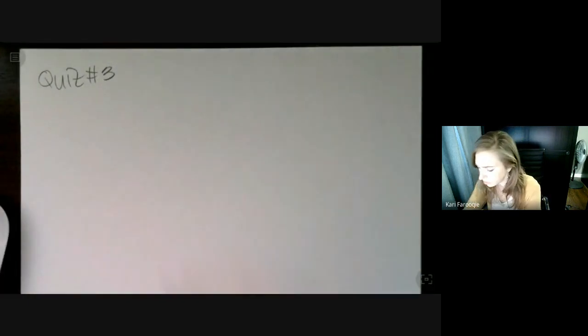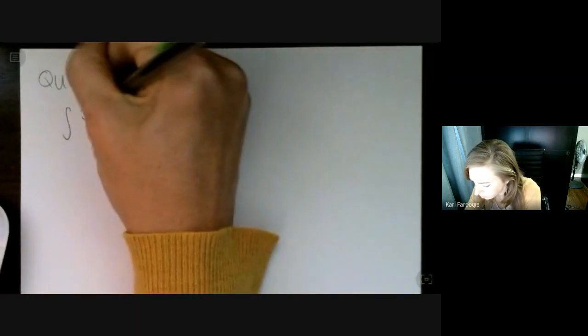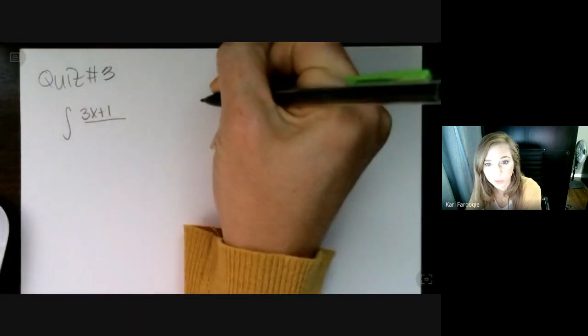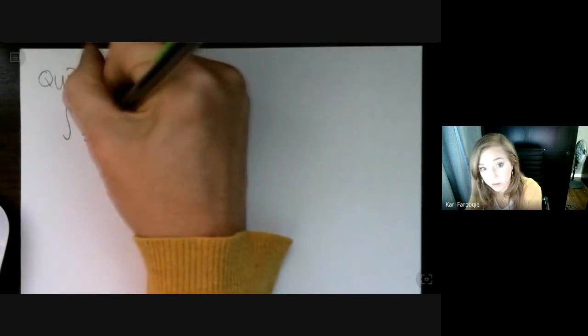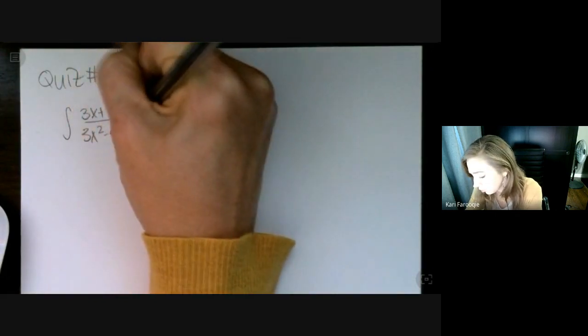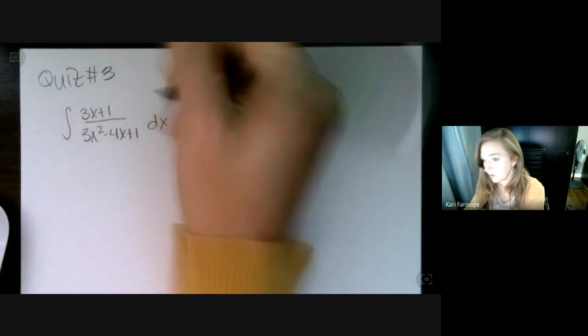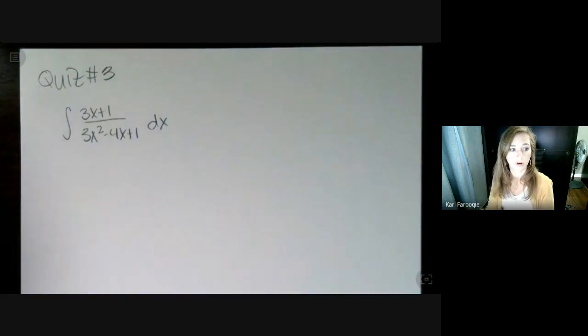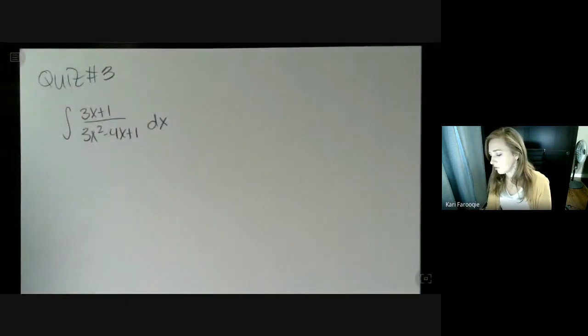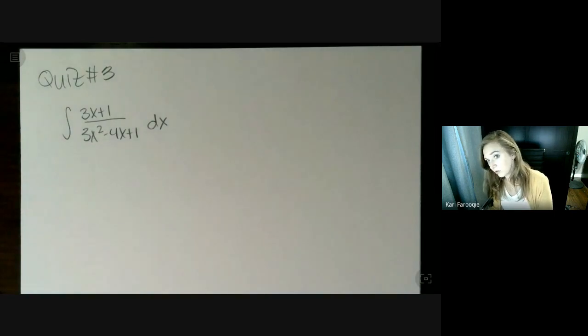All right, so to integrate, and then the integral was 3x plus 1 divided by 3x squared minus 4x plus 1 dx. I gave you some options for how to rewrite the integral. So this is similar to an example that I did in the asynchronous lecture when we were talking about completing the square.